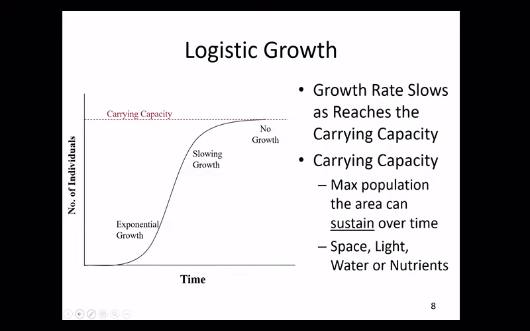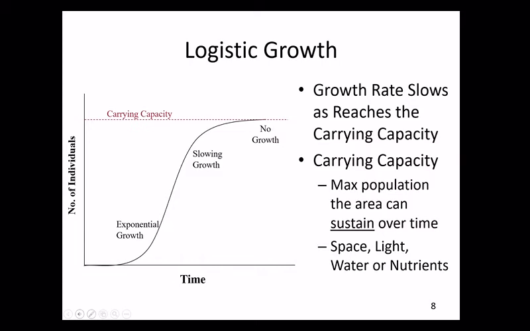It may be food or water if you're an animal. It may be sunlight. If you get too much overgrowth, that could limit plant growth. In every case we're talking about here, there is some limitation, and that limitation is going to end up slowing the curve.